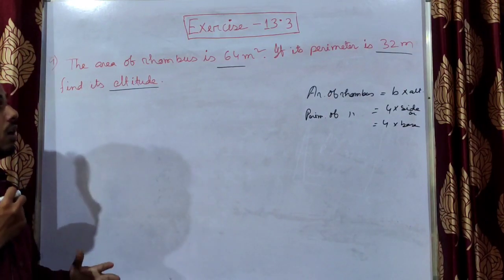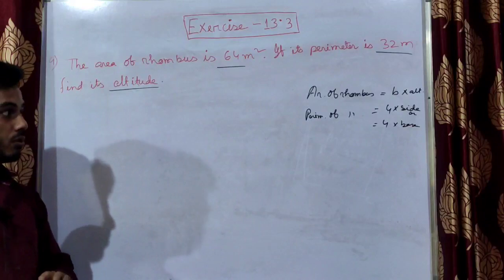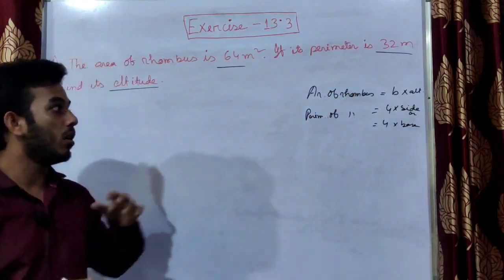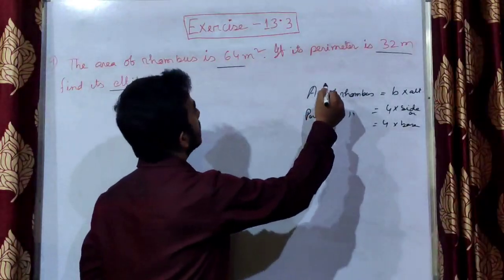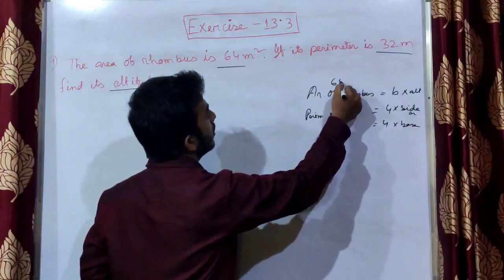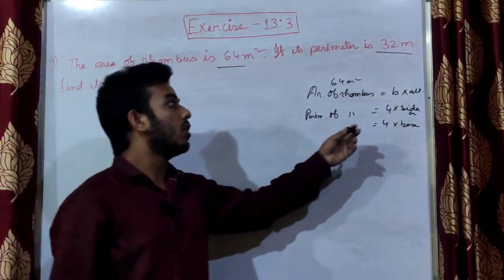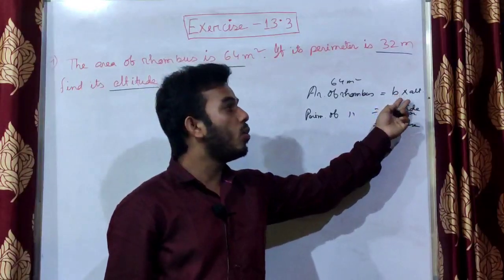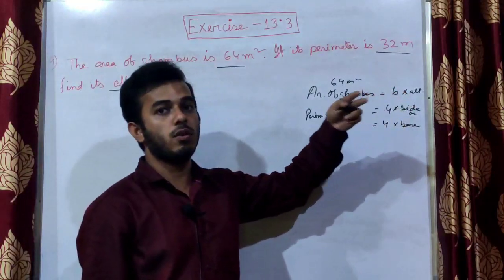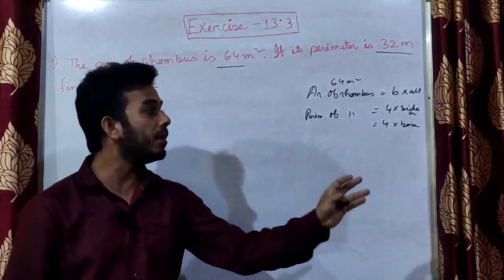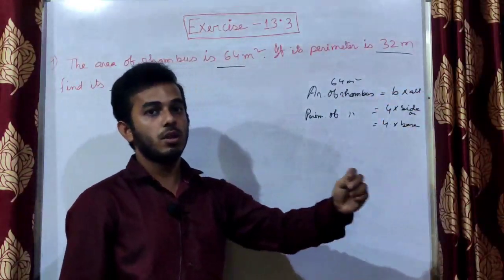So now how do we find altitude? Altitude is there in rhombus. We also know area of rhombus is 64 meter square. And now think, we cannot find two unknown quantities from one known quantity. We have to know either base or altitude.